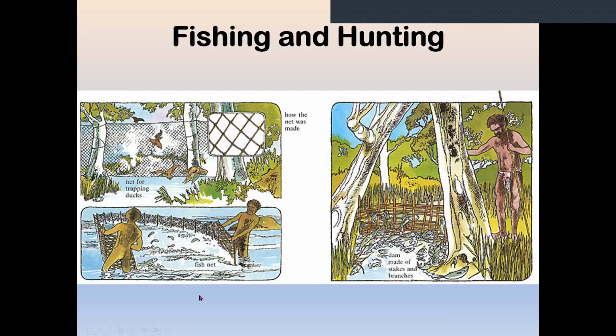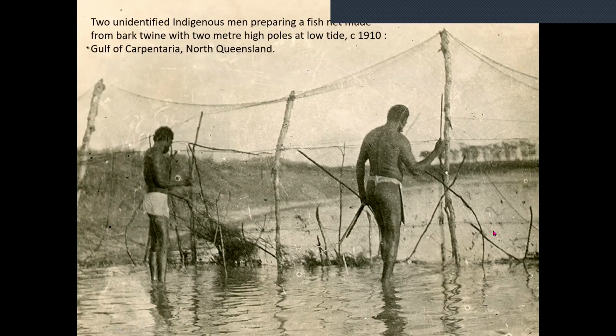The other sorts of traps that they had were bird traps for ducks, geese. They had these woven nets. The birds flew into them. There were fish nets, and even ones not carried, but one across a creek or a smallish river, so they caught food.